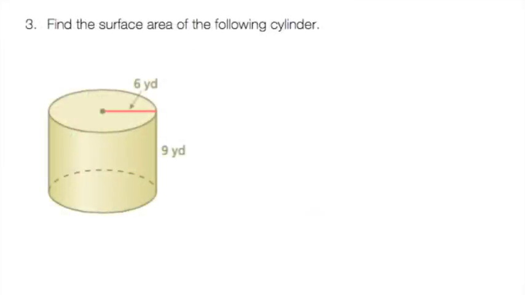So for our last example, we're going to find the surface area of a cylinder. So to do so, we're going to use the formula 2 times pi times the radius times the height plus 2 times pi times the radius squared. So we're going to plug in 6 for our radius and 9 for our height.